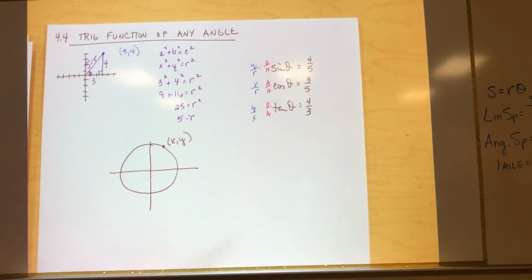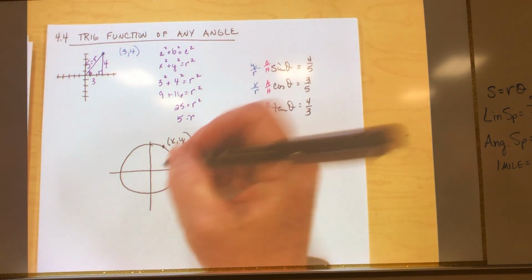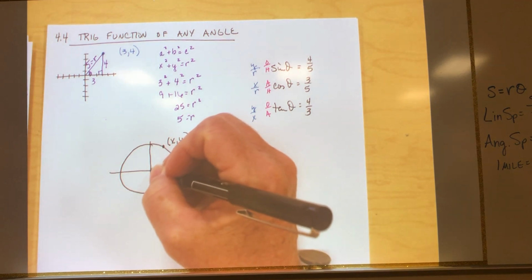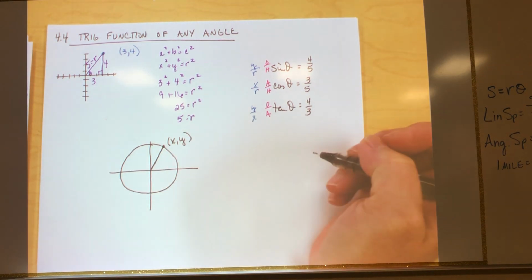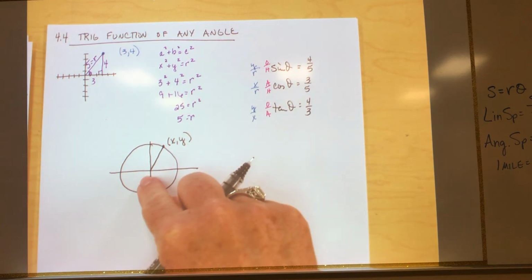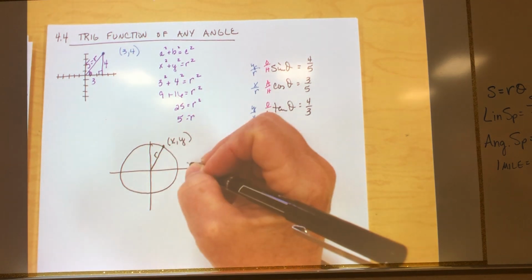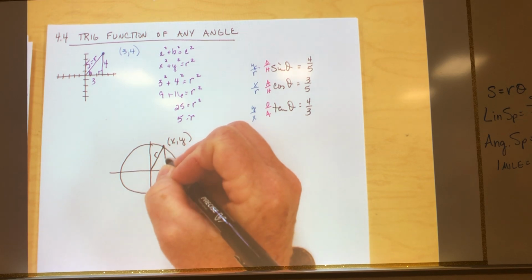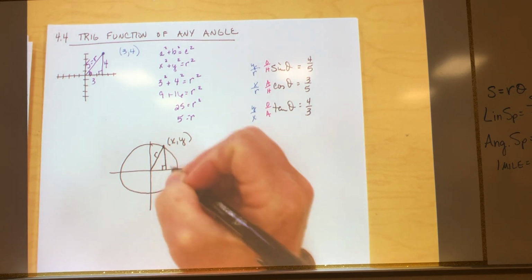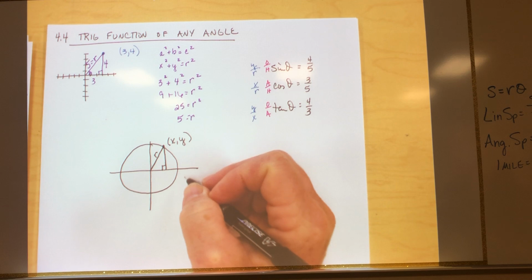Now, you have to be able to draw a triangle. Some of you won't need the triangle, but some of you want to see that picture, okay? So remember, that's my radius. From the center of a circle to any point on the circle is my radius, okay? You always go back to the x-axis, stay away from that y-axis, all right?